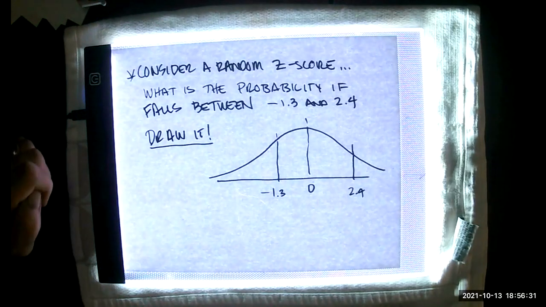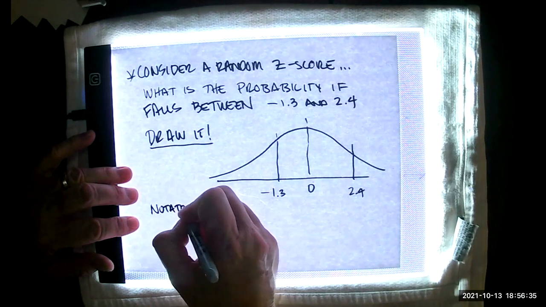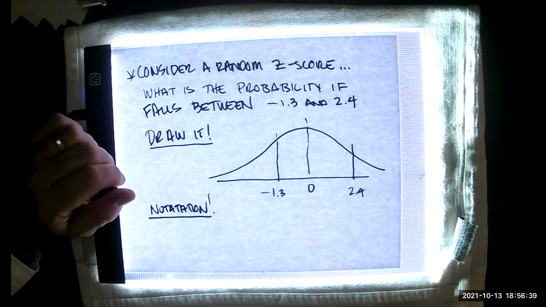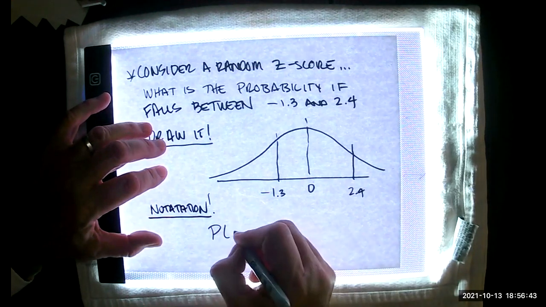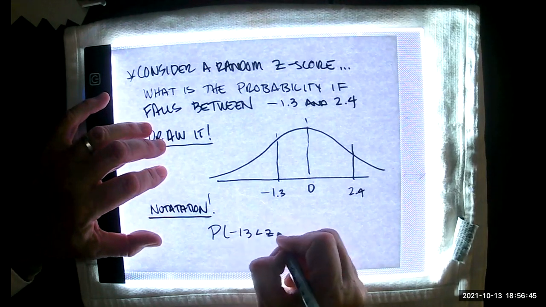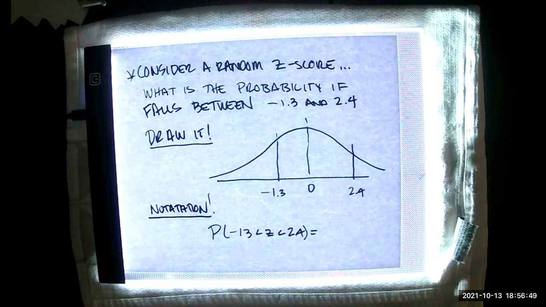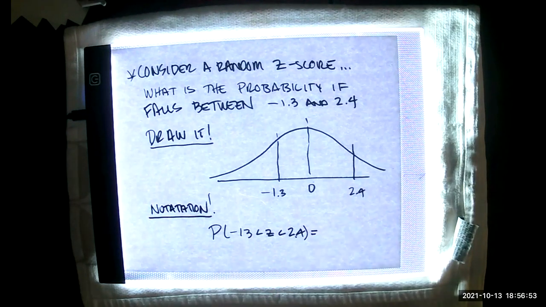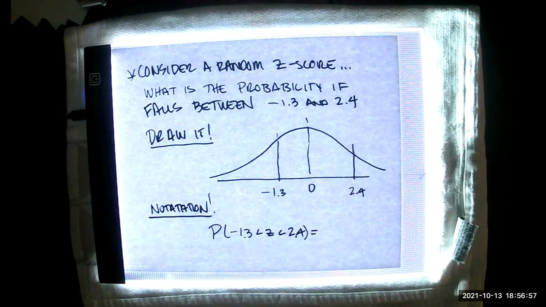So I should draw it. I should then use the appropriate notation. I'm looking for the probability that z falls between negative 1.3 and 2.4.